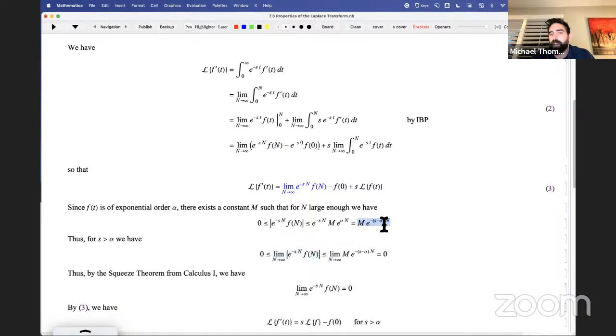And this guy on the right, that limit right there, you guys can do this one. We know s is greater than alpha, so this exponent gets increasingly large negative, which means that this whole thing goes to 0, which means that this zeroes out.